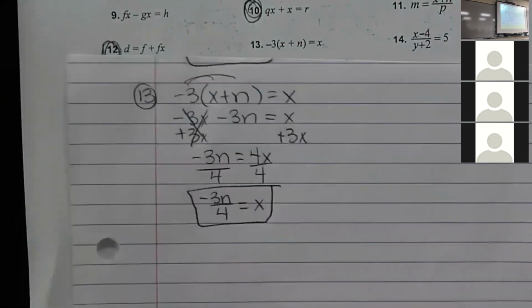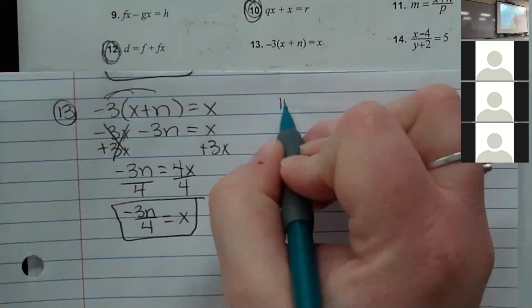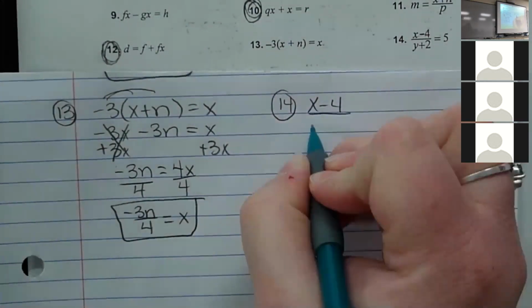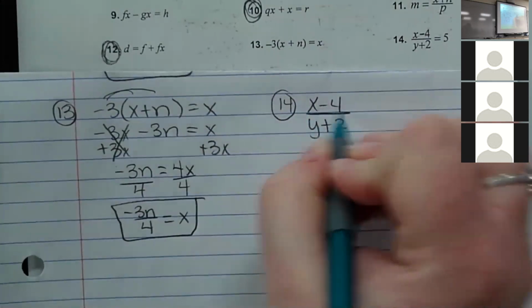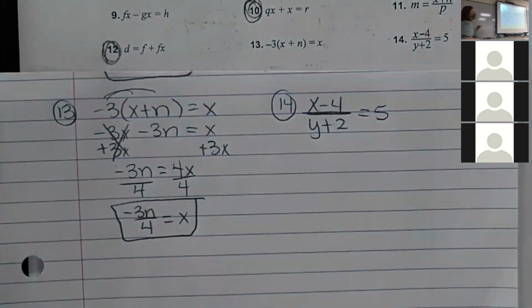Okay, 14. We have (x minus 4) over (y plus 2) equals 5. Okay, I want to get x by itself. So x is on the numerator, so I need to get rid of whatever it's dividing by, right? What's the opposite of dividing? Multiplication, yep.